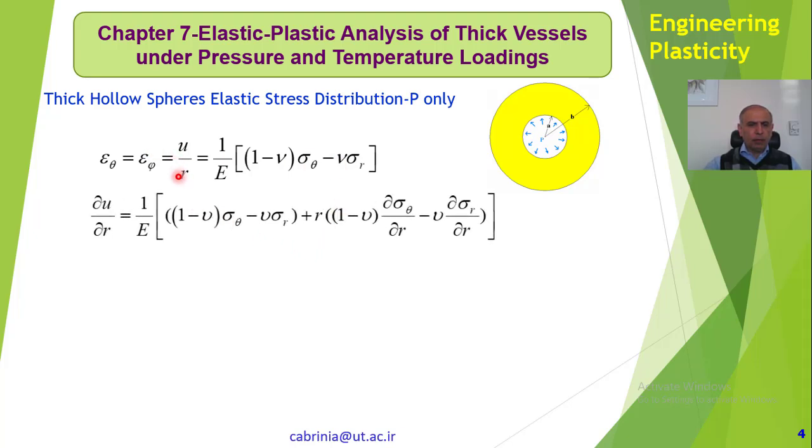If we differentiate u with respect to r, partial differentiation, partial u partial r is equal to 1 over E times (1 minus mu) sigma theta minus mu sigma r, plus r times (1 minus mu) partial sigma theta over partial r minus mu partial sigma r over partial r. Okay, because we have differentiated this.